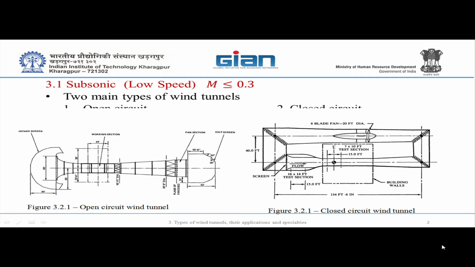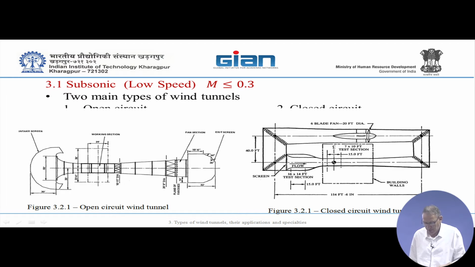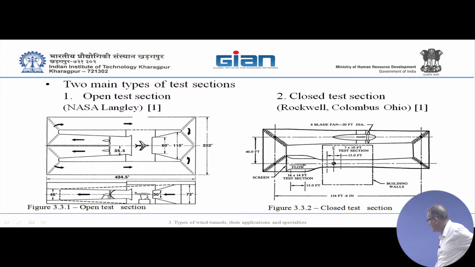You will find the closed circuit mainly in the low speed, but also in other ranges. And within those two types of wind tunnels, there are also two types: one is the open jet, open test section, and one is the closed jet, closed test section.